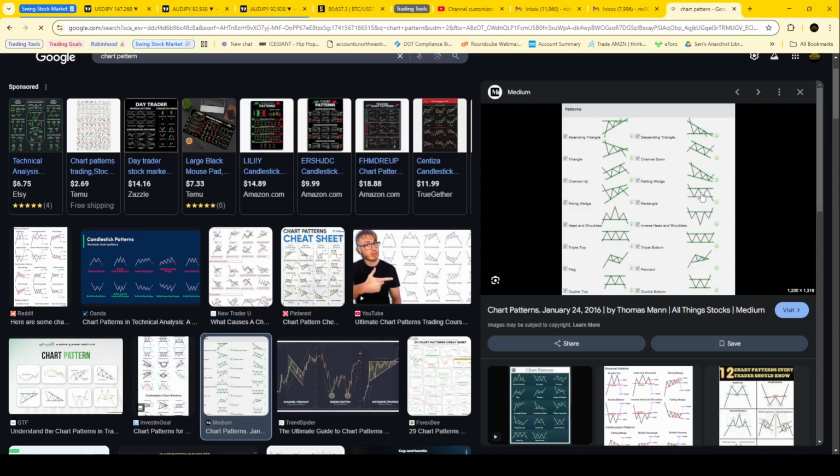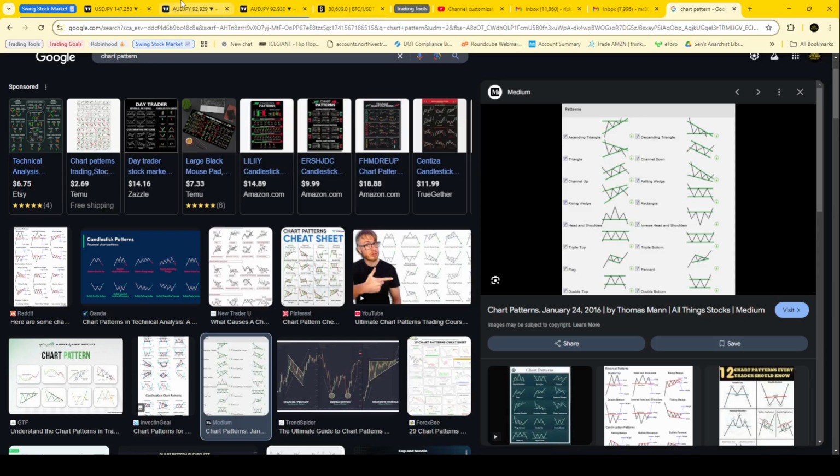So here are the main patterns that you will see in trading. My favorite one is flags. I love flags because they're easy for me to see. Those and double bottoms.